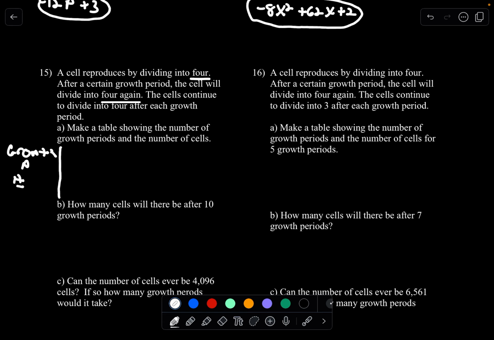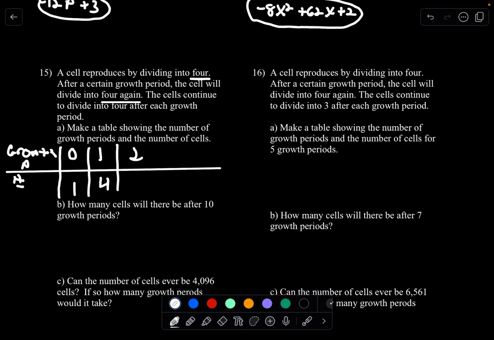Okay, so a cell reproduces by dividing into 4. After a certain growth period, the cell will divide into 4 again. The cell continues dividing into 4 after each growth period. So we initially have 1. Okay. Then, after one growth period, the cell divides into 4, we will have 4. After a second growth period, the cell divides into 4 again.